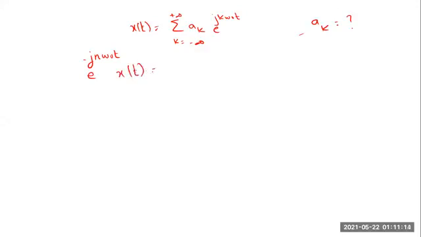Okay, so this is the equation, and we want to find an expression for ak. What you can do is multiply both sides by e power minus j n omega naught t. So I will multiply e power minus j n omega naught t on the left hand side as well as on the right hand side.